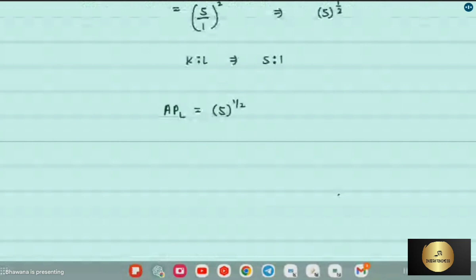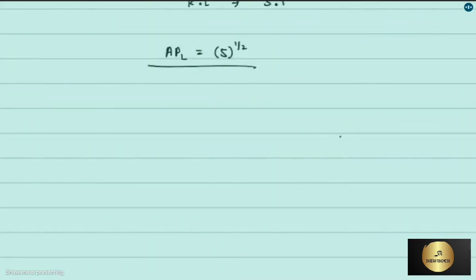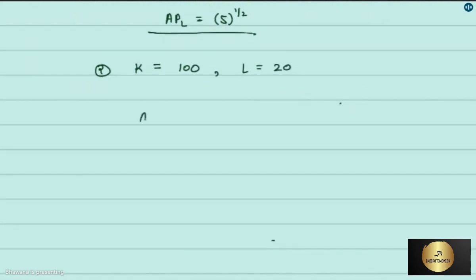Now if you change the magnitudes, the absolute values of labor and capital, let's say now your capital is 100 and your labor is 20. Now we will solve for APL, and alpha again equals 1 by 2 because it is a constant, it will stay the same. You can change labor and capital, but alpha is constant so it will be fixed.